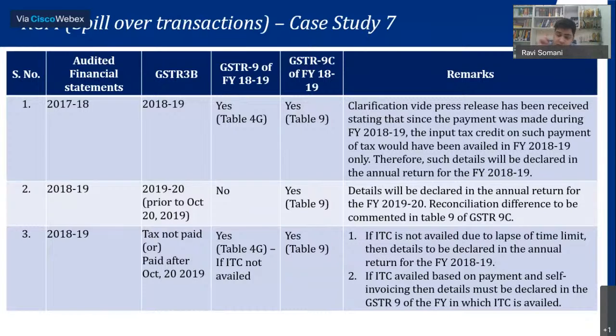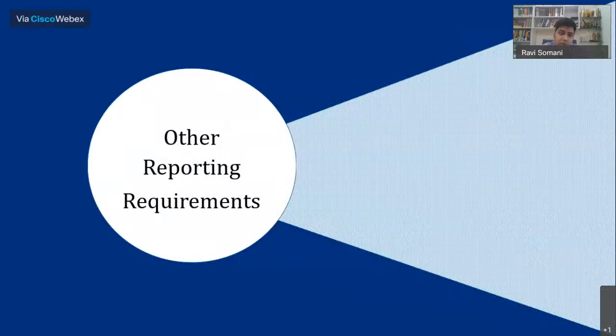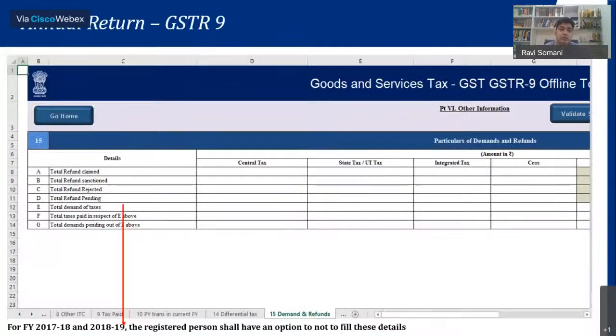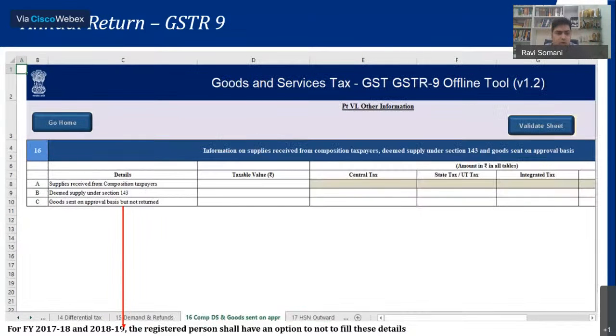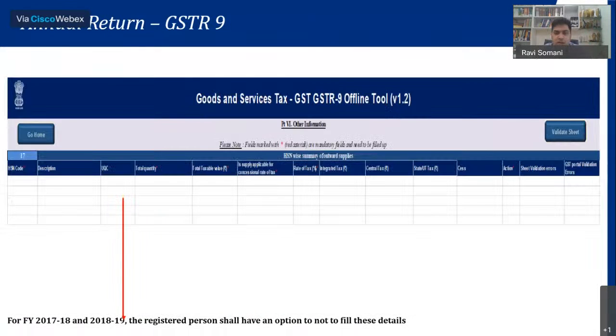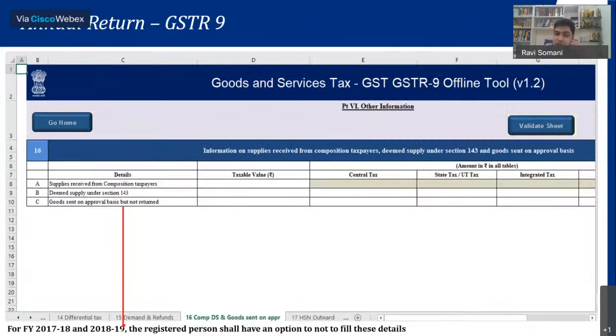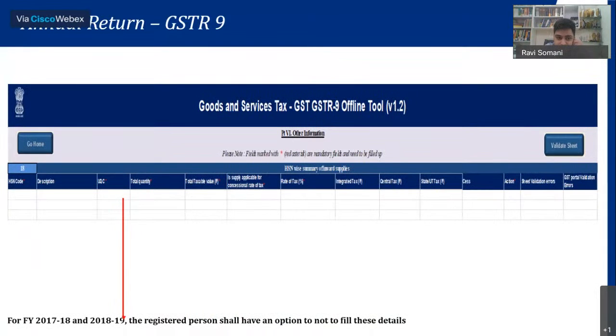As I've already said, the Section 16 time limit itself is going to come under big-time questioning of the department. And of course, I hope they don't retrospectively amend the law, which has become quite a trend. So these are all the information which are optional, and you need not even disclose. This is again for financial year 18-19: HSN details, refund details, and all these other details.